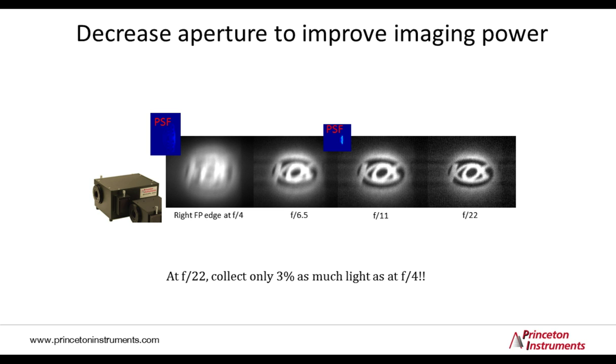You see that at f/4, aberrations really distort the image so that it's barely recognizable, whereas if the aperture is reduced, a nice sharp image can be reproduced. However, keep in mind that at the lower aperture, light collection power decreases. At f/22, we collect only 3% as much light as at f/4.